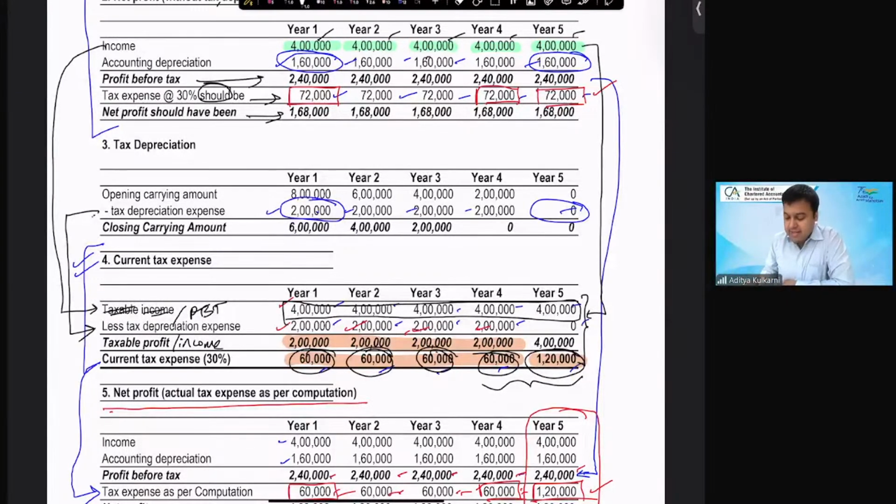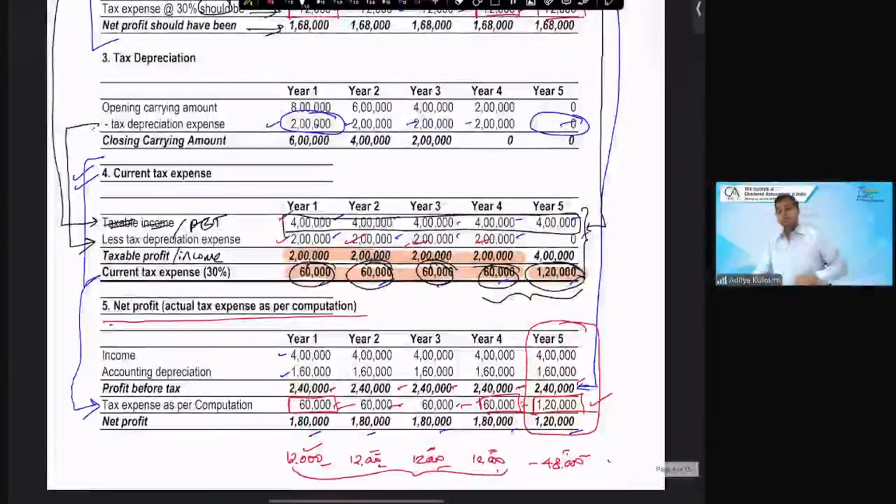So why is this 60,000 becoming 1,20,000? It's because the treatment given for depreciation is different in accounting and income tax. Exactly.